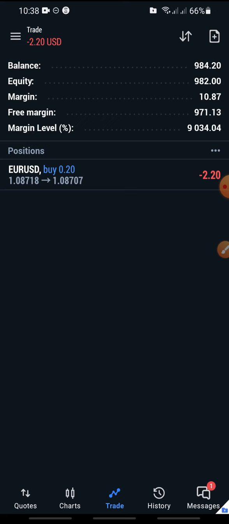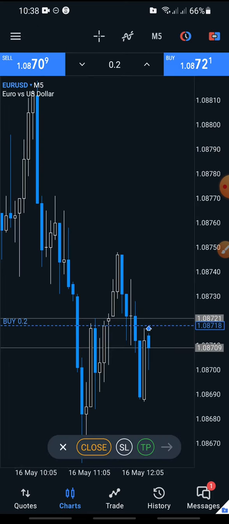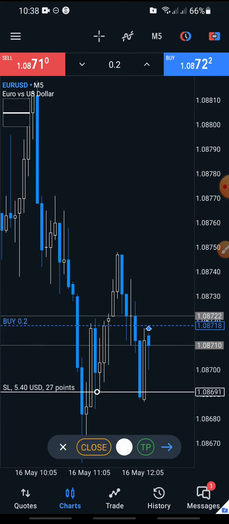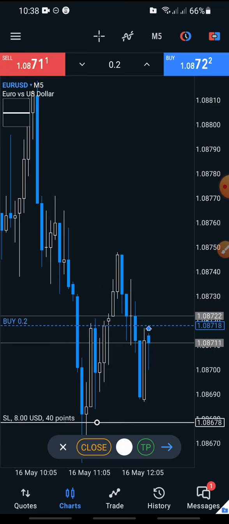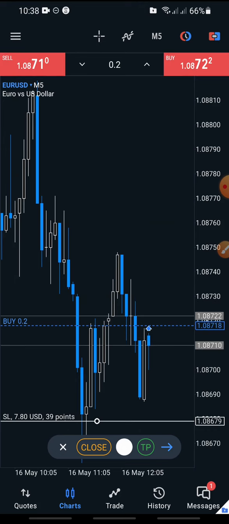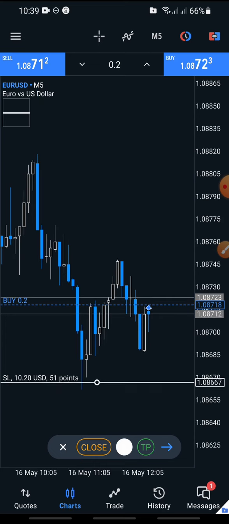Moving on, another thing you need to know is the SL and the TP. Keeping it very simple, they mean your stop loss and your take profit. These are basically numbers. Your stop loss is an area in price that you mark out so that, in case you are taking a loss, your broker ensures that they close out your trade there. So let's assume I'm putting my SL here.